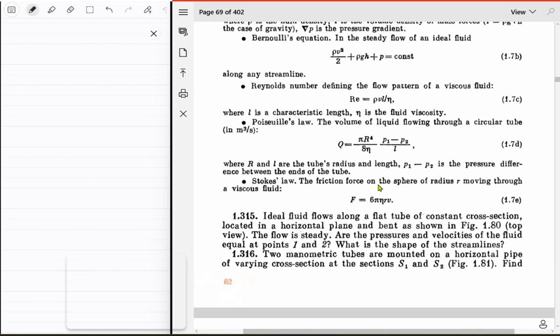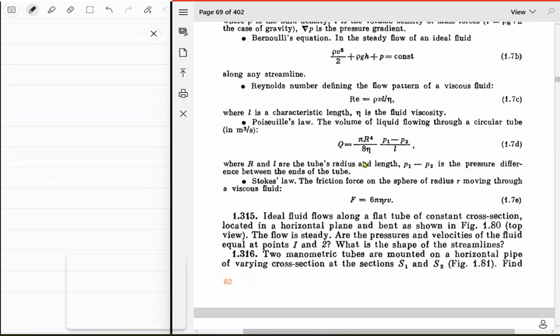right? Okay, then you have Poiseuille's law, which says the volume of liquid flowing through a circular tube in meter cube per second. So this is when you have viscosity, right? So R and L are the tube's radius and length. I mean, we can derive this on our own. No big deal.